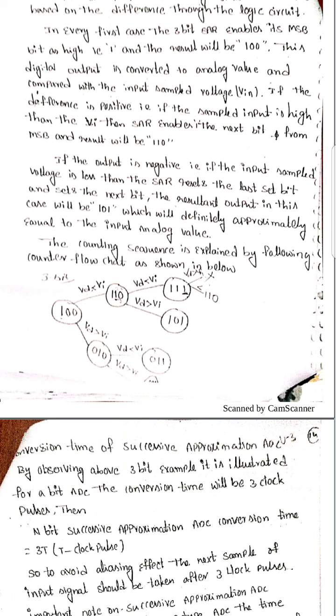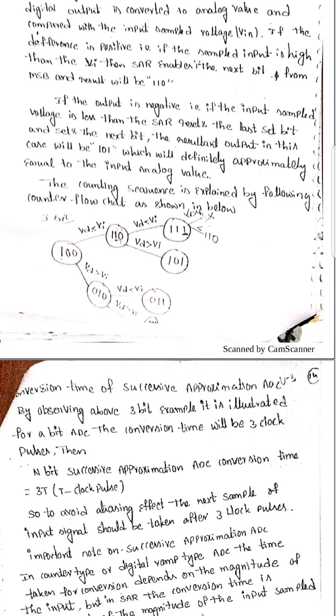The counter sequence is explained by the following flow chart. Now here for 100, VD is less than VI, so we go for setting the next bit, that is 110. Then VD is greater than VI, so it resets the last bit and sets the next bit, that is 010. It continues processing like this.